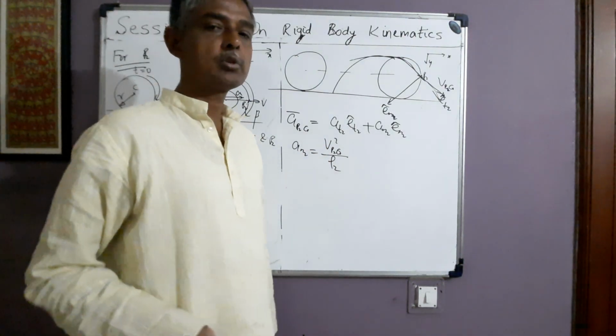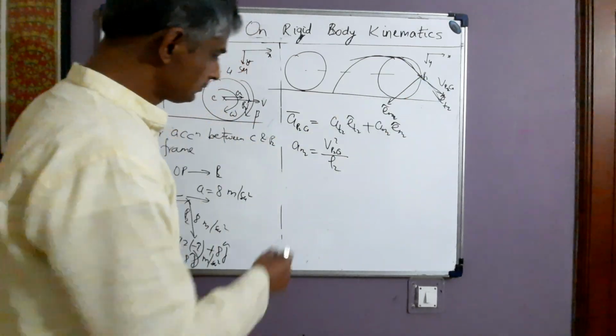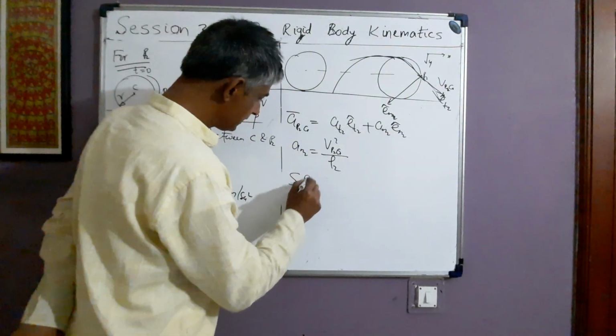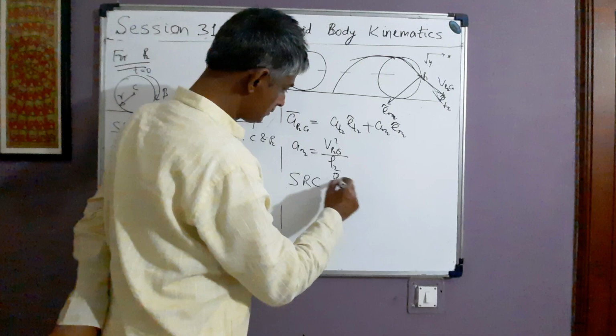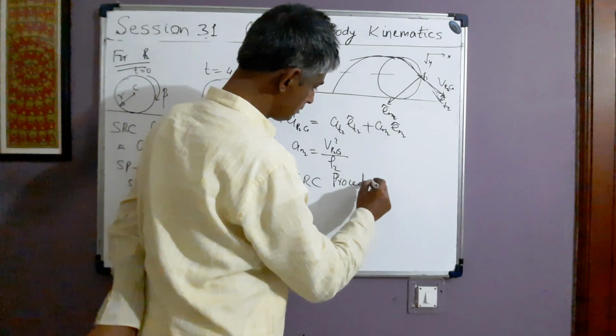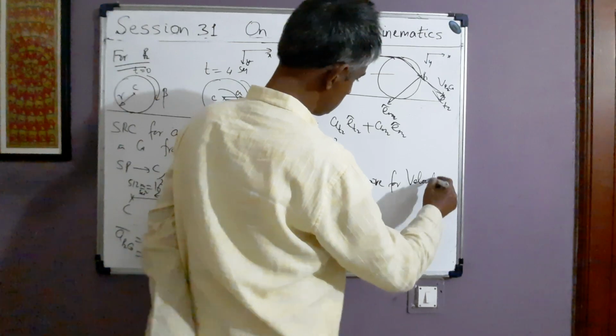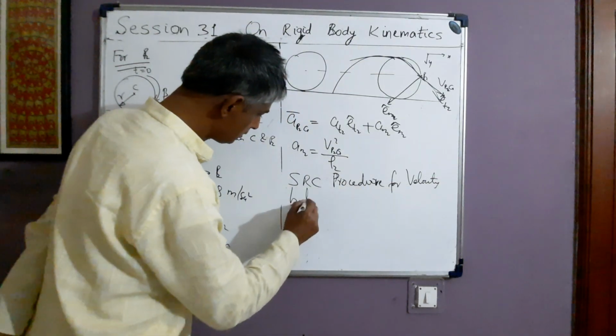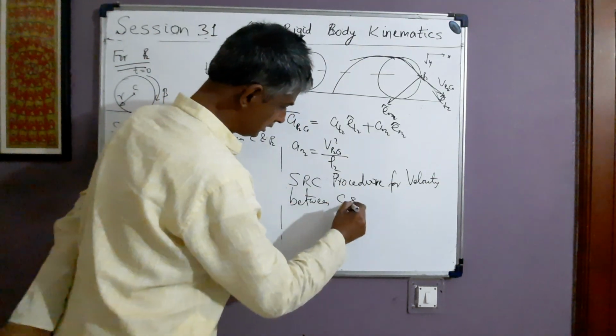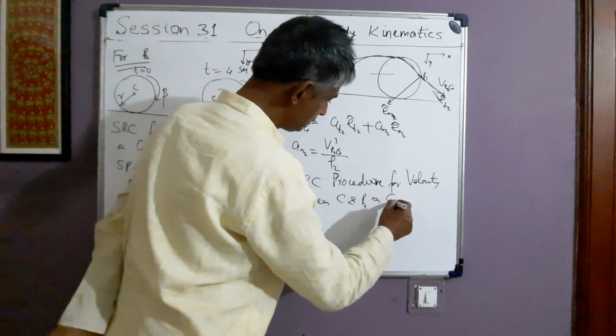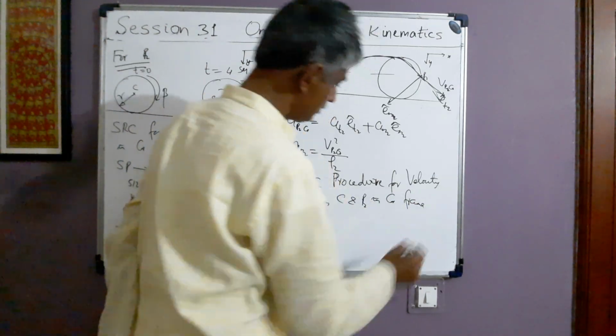We apply the SRC procedure for velocity between C and P2 in the G frame, that is the ground frame.